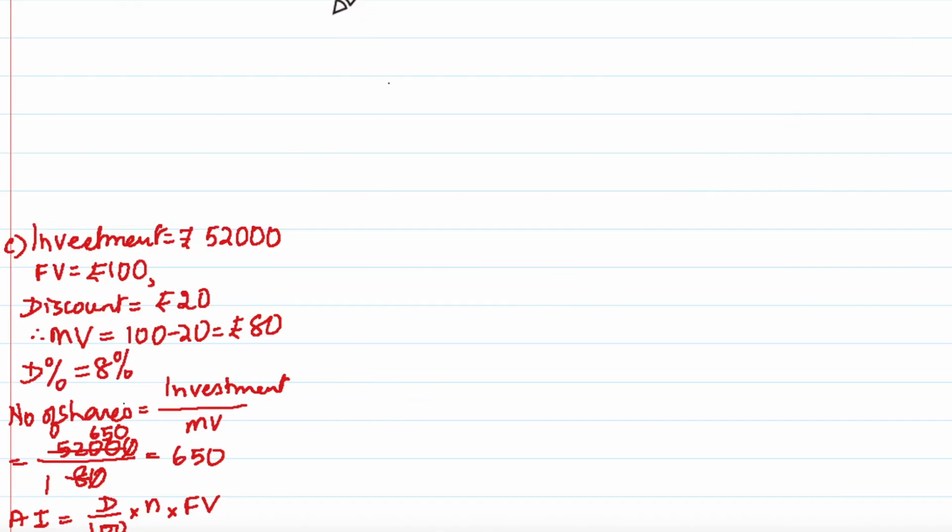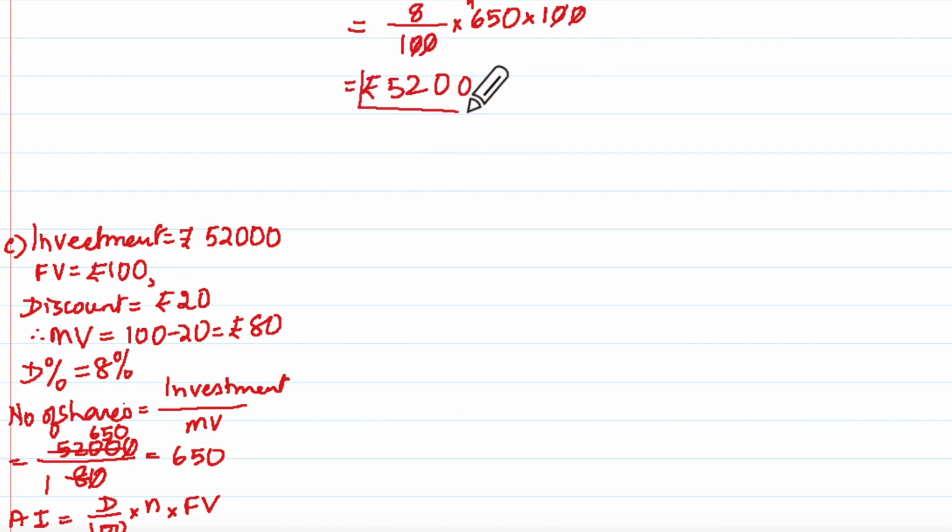So, equal to D is 8 upon 100 into 650 into 100. How much is that? 8 5s are 40, carry 4, 8 6s are 48 and 4, 5,200. So this is your annual income, correct? Yes. Then what are they telling? This is your answer.